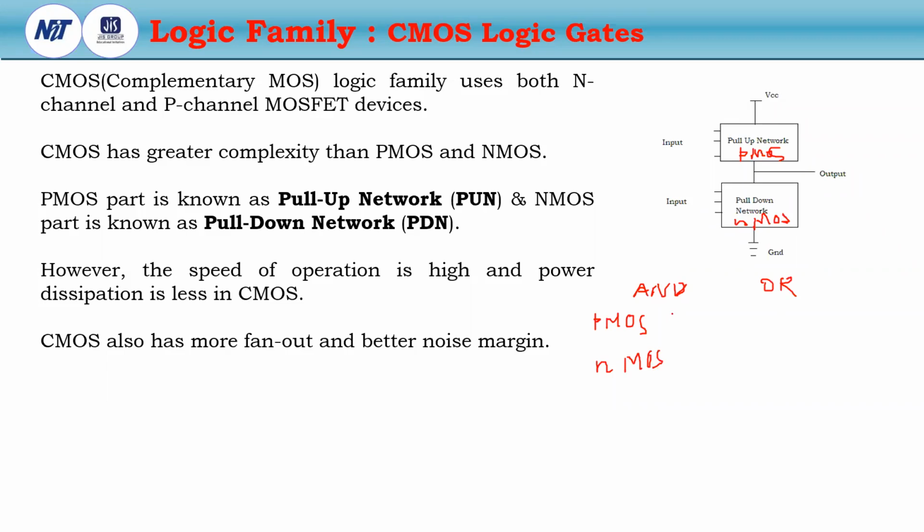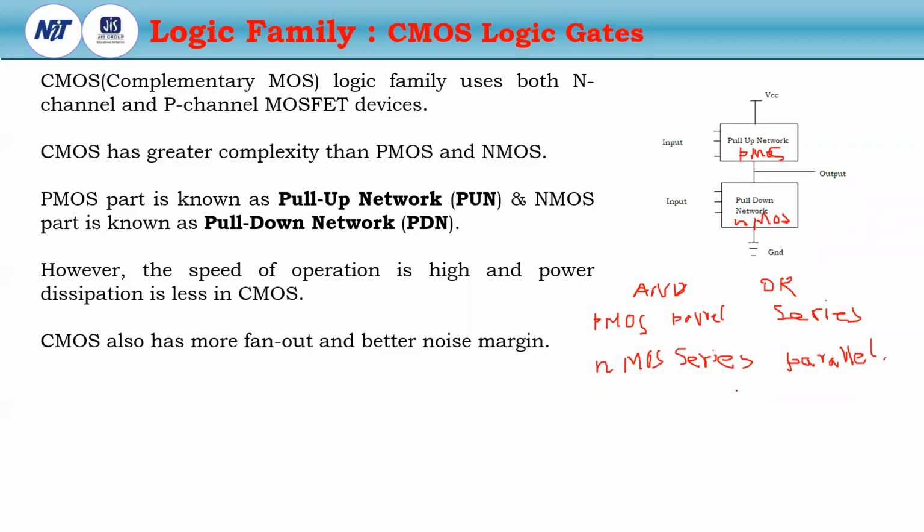For any AND operation, the PMOS should be in parallel, and the PMOS for OR should be in series. And for NMOS, the AND operation should be in series, and the OR should be in parallel. This is the basic principle.